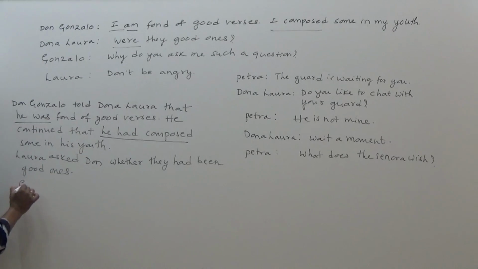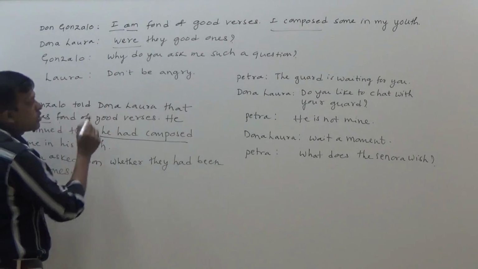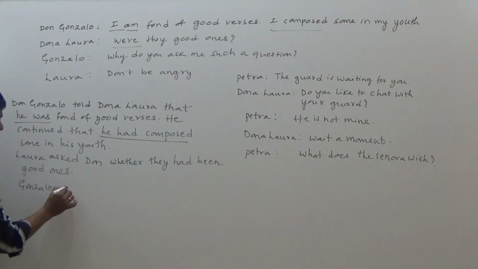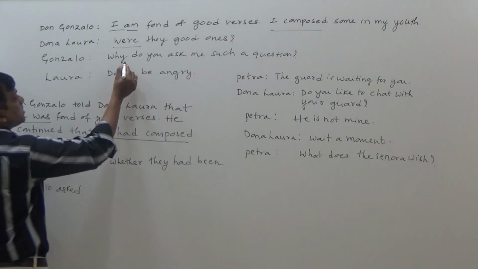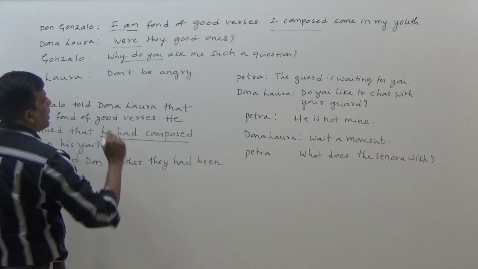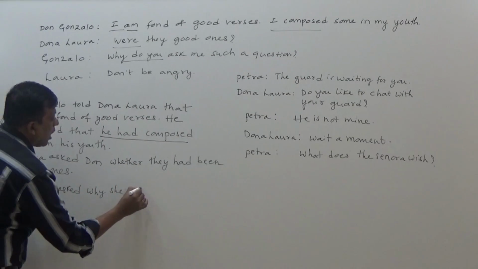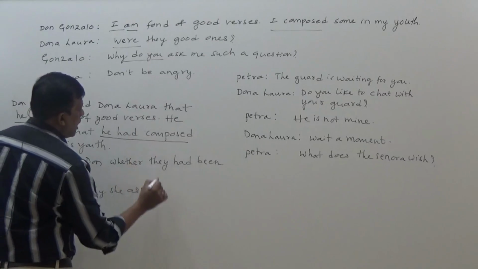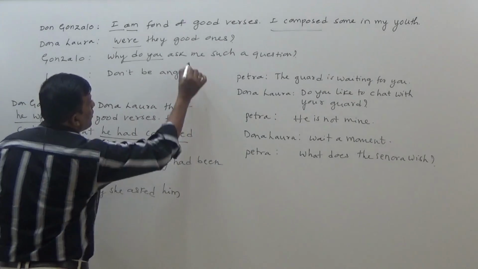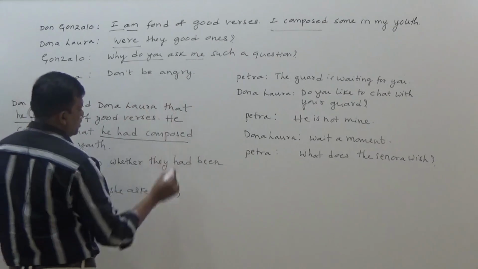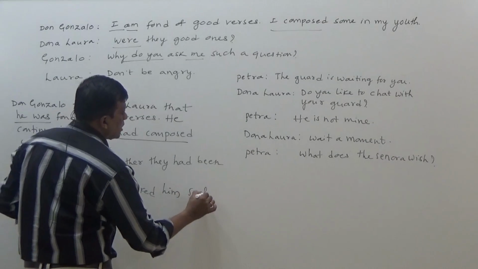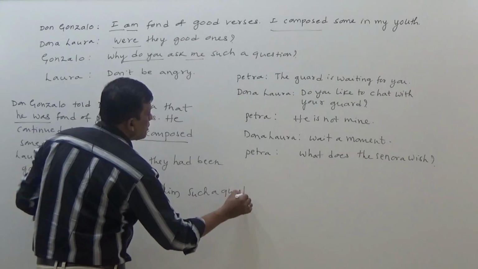Then Gonzalo. It is again asking question. So Gonzalo asked. This is simple present tense. We have to make it simple past. Why she asked him. Why him? Because me is changed to him. Why she asked him such a question.